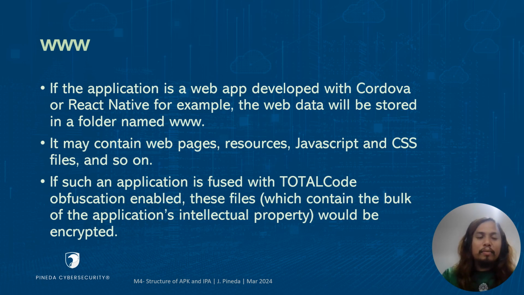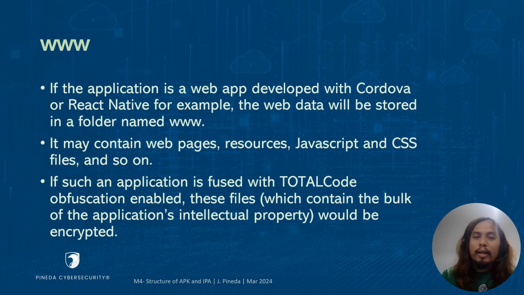It may contain web pages, resources, JavaScript, and CSS files, and so on. So if the application is fused with total code obfuscation enabled, the files which contain the bulk of the application's intellectual property would be encrypted. So that is in the www folder.